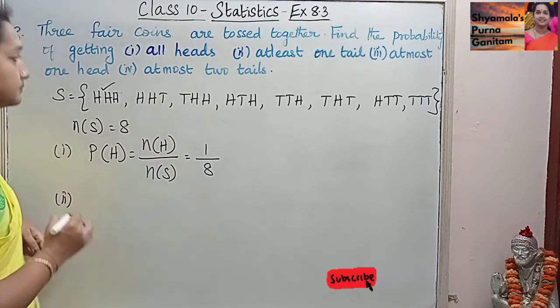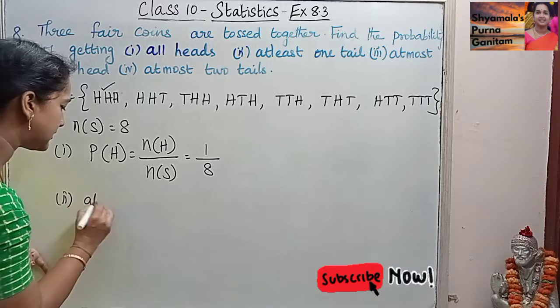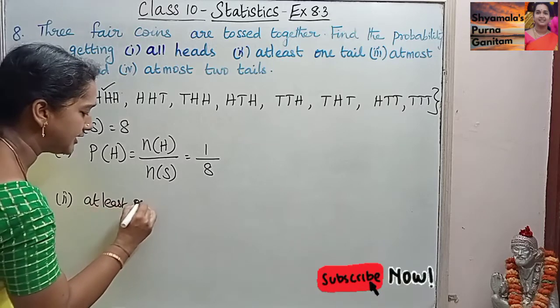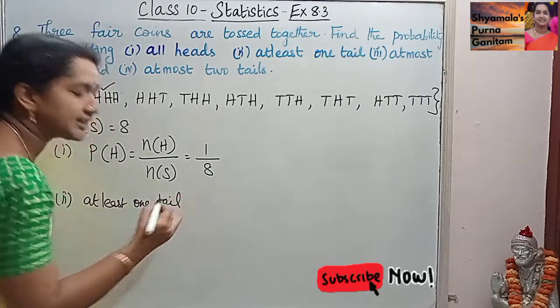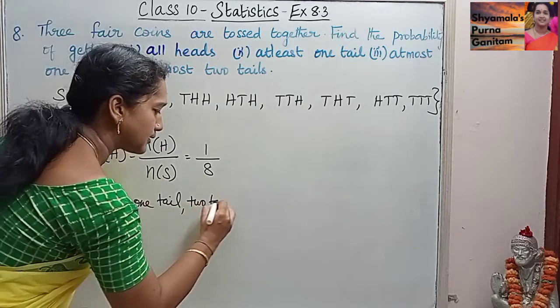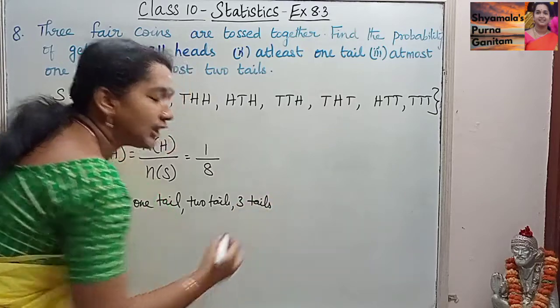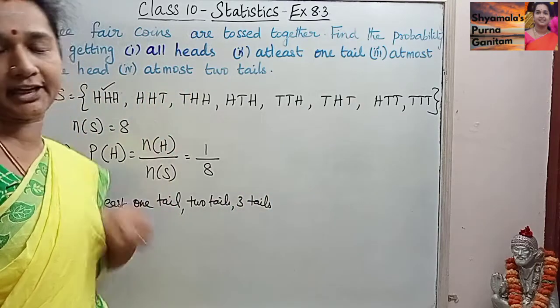Second one is at least one tail. At least one tail means least is 1. There can be 2 tails or 3 tails, so all these options have to be taken into account.